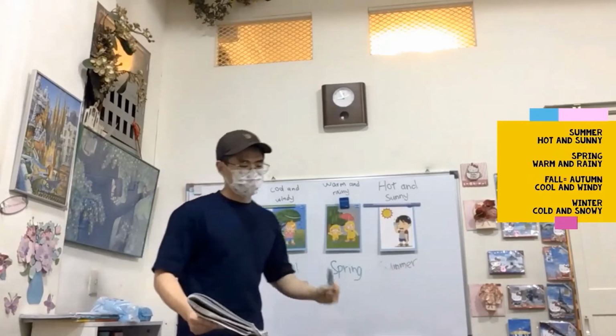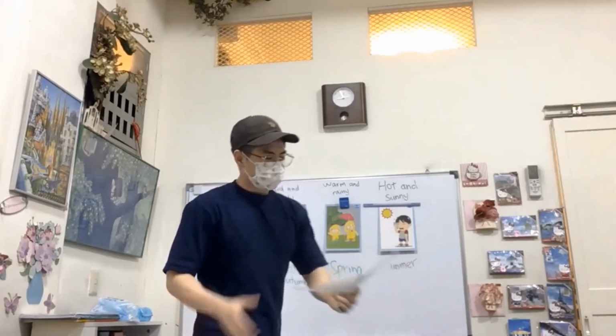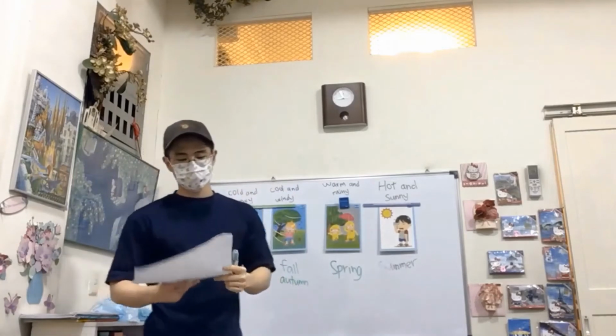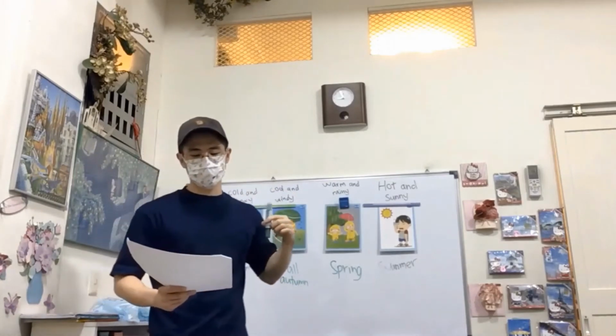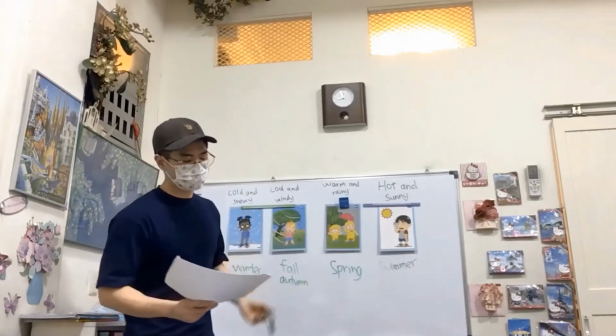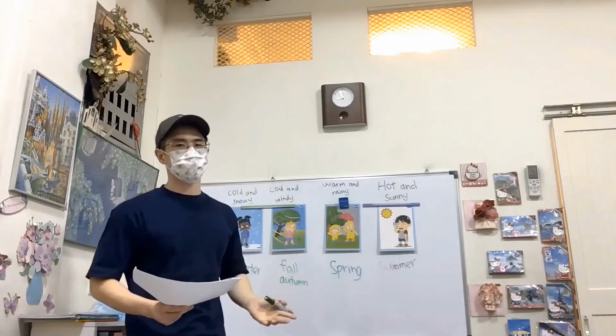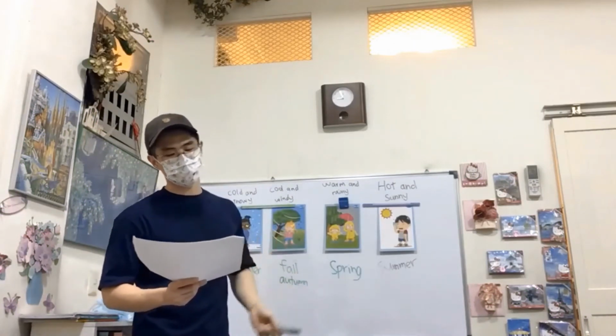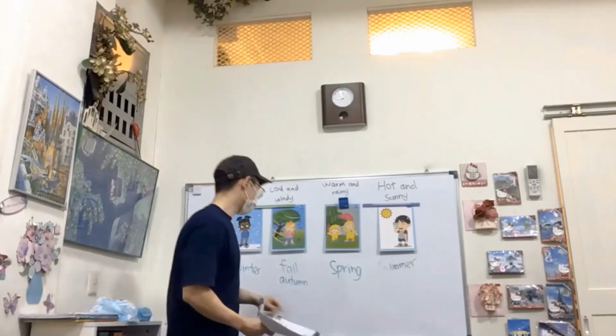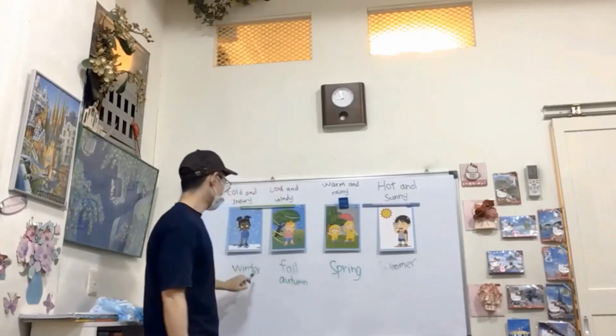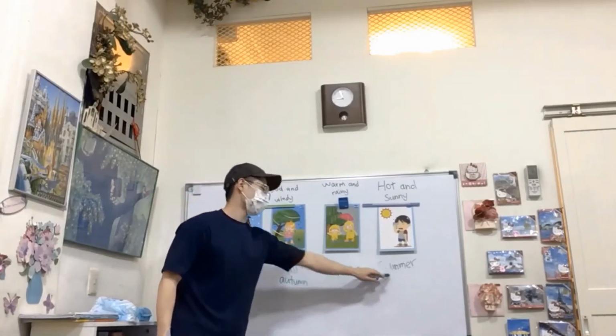Okay? Alright, so just now I've went through with you some of the vocabs or vocabulary in this topic. Alright, so I'm going to write out on the board, okay, for you to better appreciate. Alright? So as you can see, these are the 4 seasons, right?